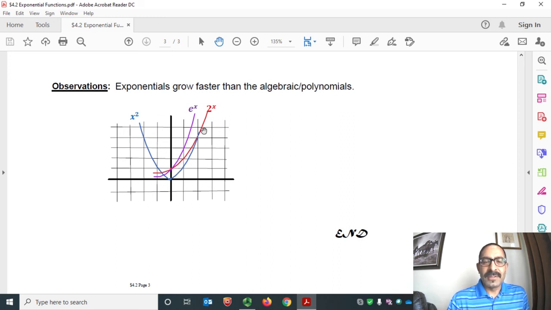Both are increasing, but the exponential function grows faster than the polynomial function. And also, by the way, if I raise the power here, x to the power 4 or x to the power 6 on our polynomial function, it goes upward, but rises more flatly. So it goes more this way and that way.